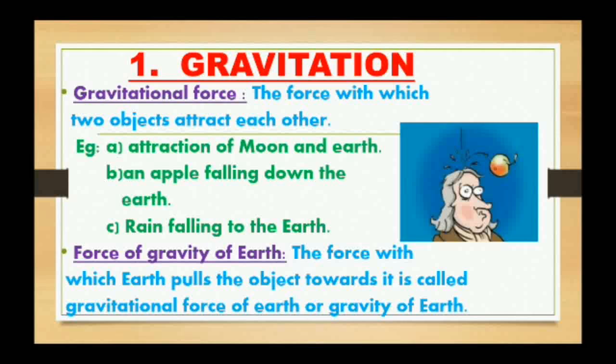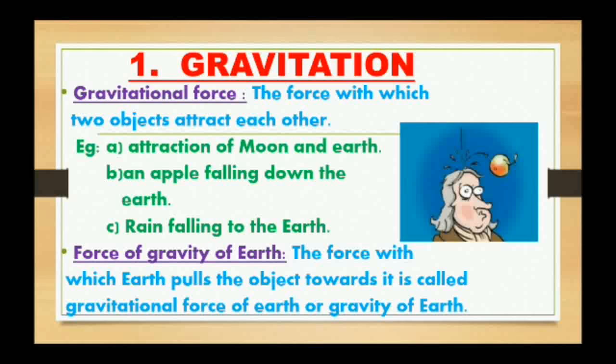Earth will attract rain, which will fall to the ground. So they do so with a force, and this force is known as gravitational force. So we can define gravitational force as the force with which two objects attract each other.